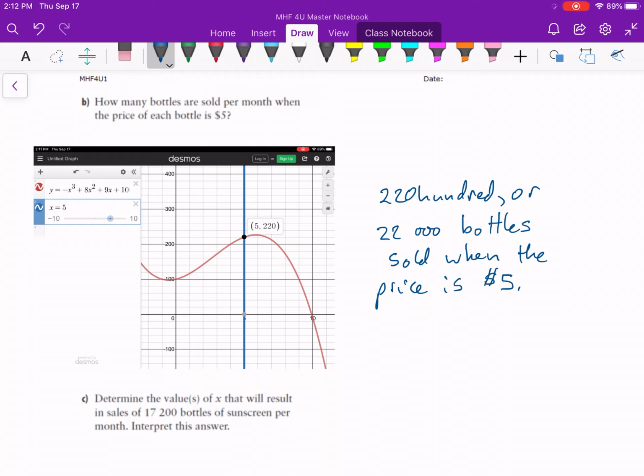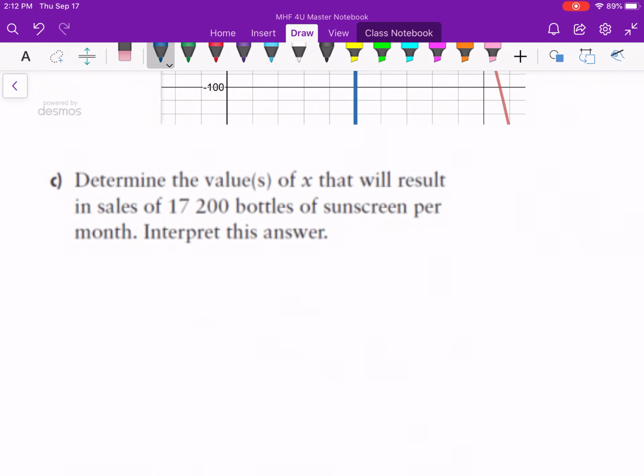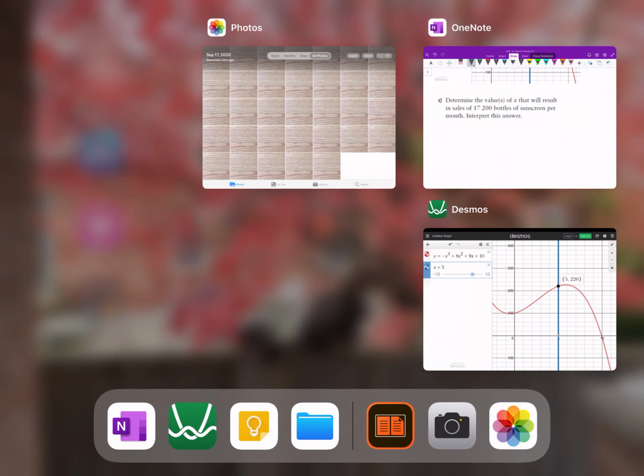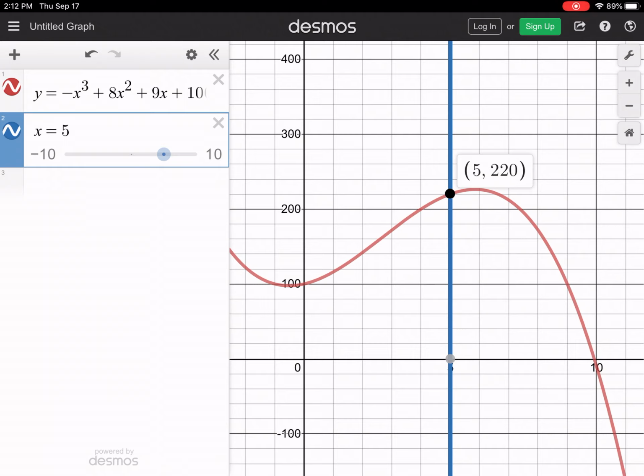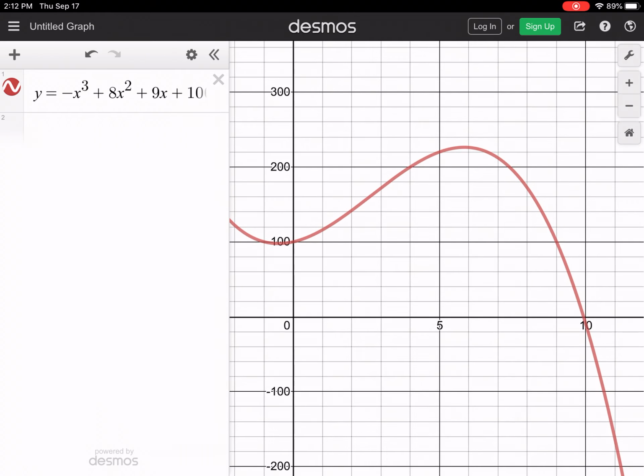Part C. Determine the value or values of X that will result in sales of 17,200 bottles of sunscreen per month. Interpret the answer. All right, back to the graph. Again, we're going to be using Desmos and graphs a lot in this unit as well, so hopefully you feel comfortable with it after last unit.